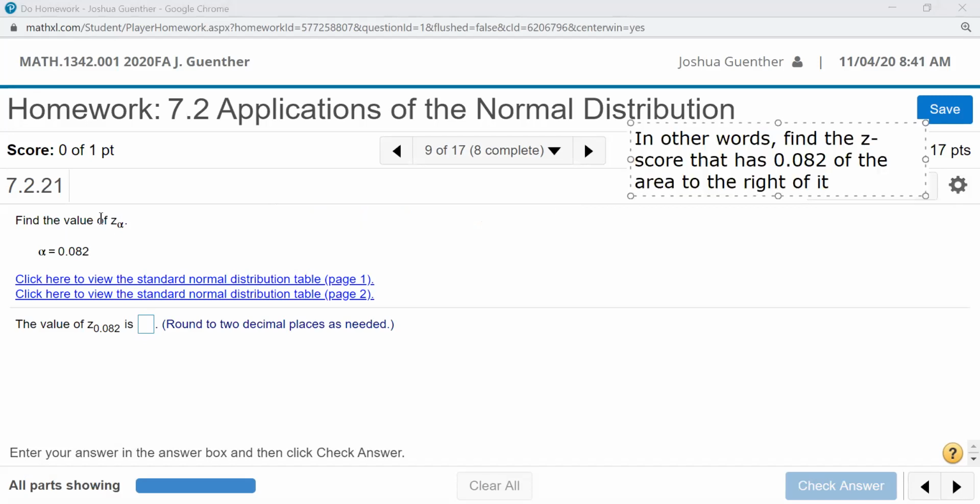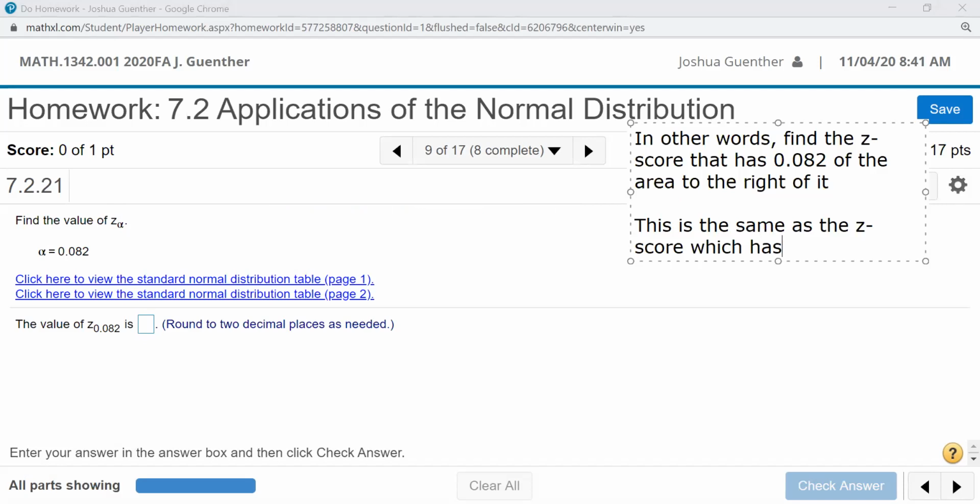Alpha is the area to the right of it. It wants the Z score that has 0.082 of the area to the right of it. This is the same as the Z score which has 1 minus 0.082, which is going to be 0.918 to the left of it.